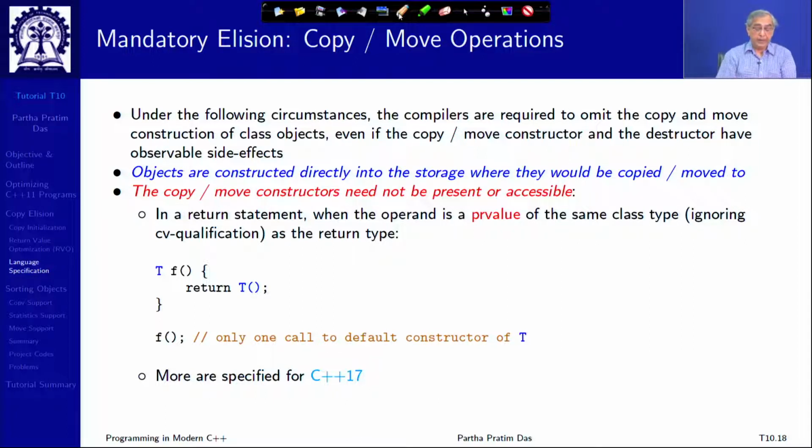For example, in C++03 itself, you had this kind of optimization, given that if you do return construction by value, then only one call to the constructor will happen, exactly as we have seen.